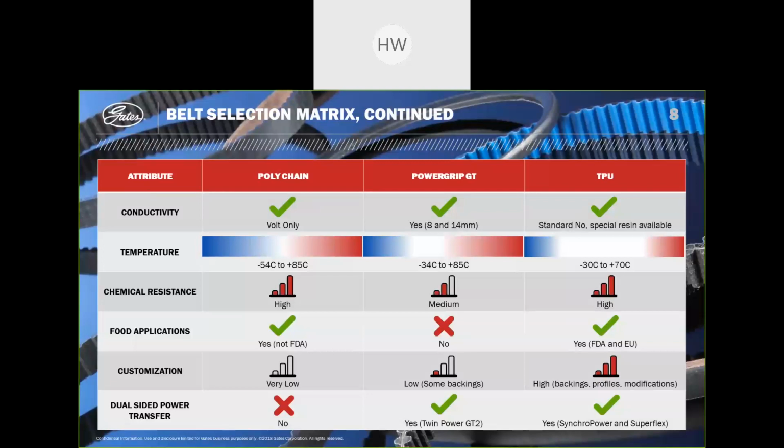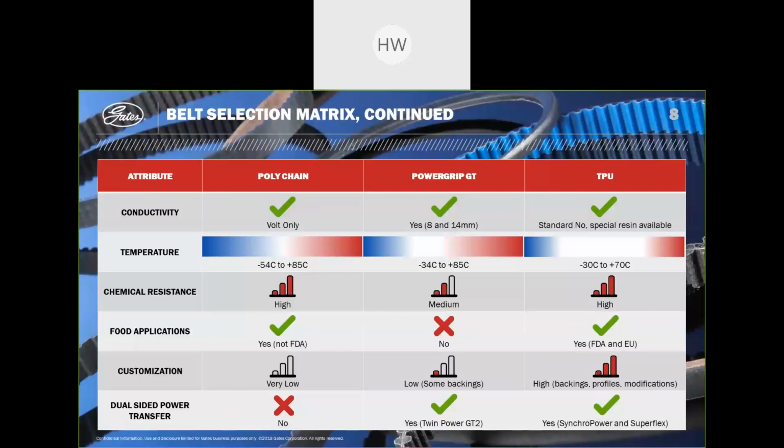Customization, also here, Polychain and Power Grip only offer little opportunity to customize the belt. On the TPU belt, since we use a thermoplastic material, we can re-weld and machine and apply backings and profiles and so on.